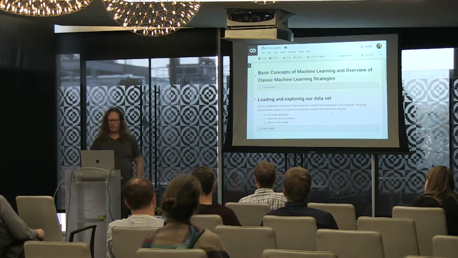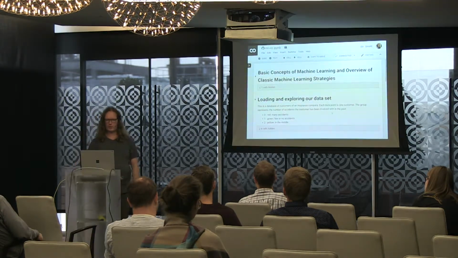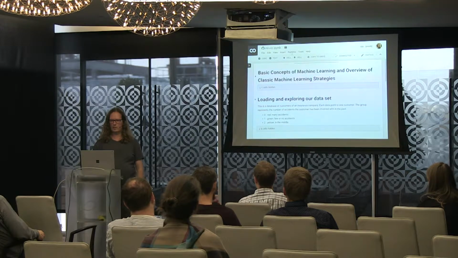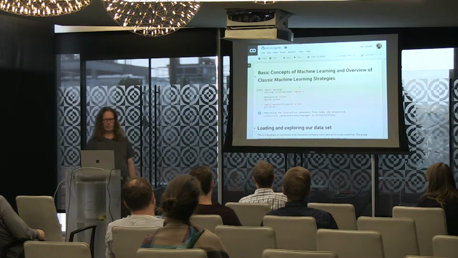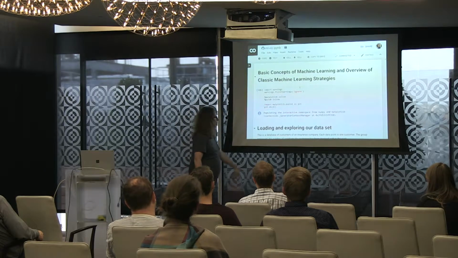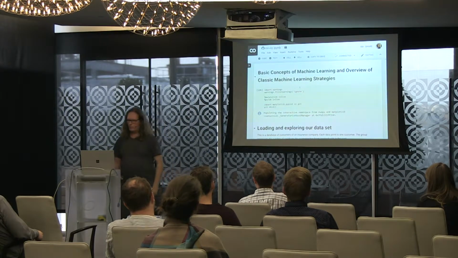So this is a notebook, and that means you have some text, this thing here, and you have some code, which is mixed in with the text. In this case, some of the cells have been hidden. This is some code here, and it's not interesting, but you get the point.